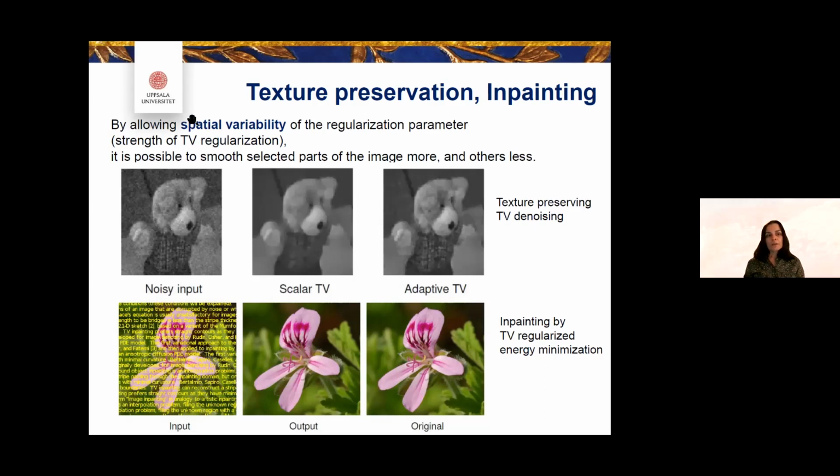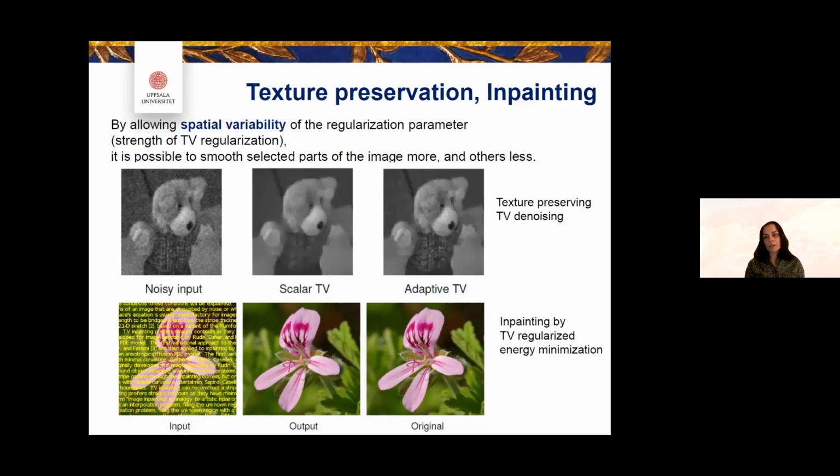We can, for example, allow spatial variability of the regularization parameter. Essentially, we can say that the amount of regularization that we want to impose is not necessarily the same for the whole image.